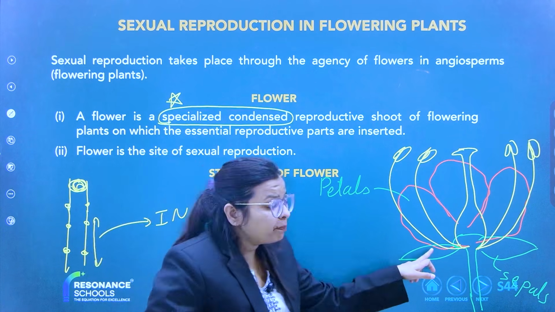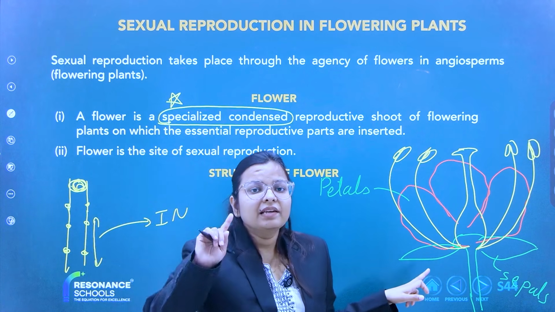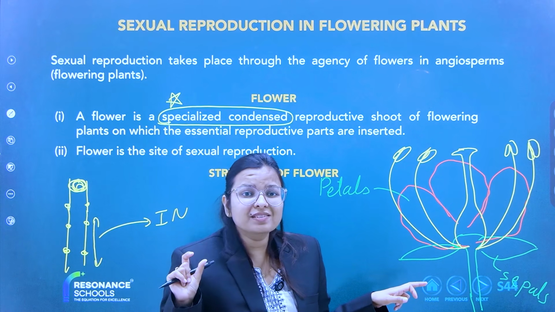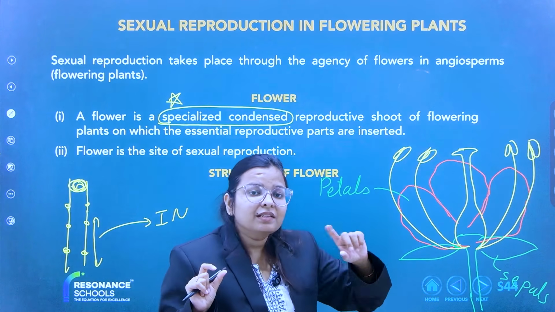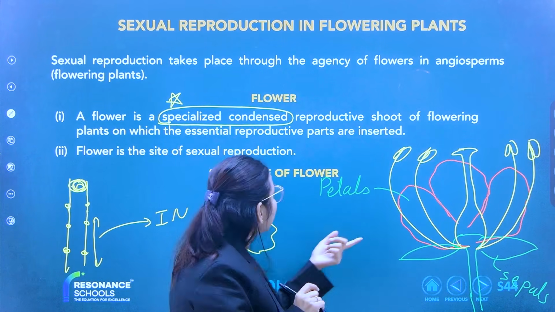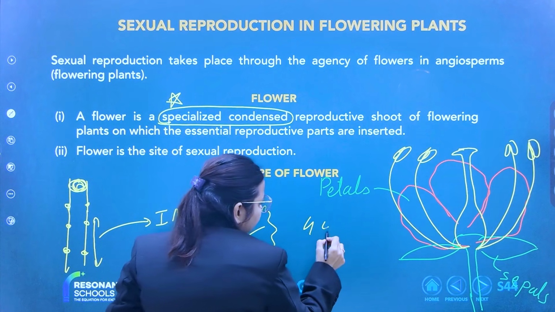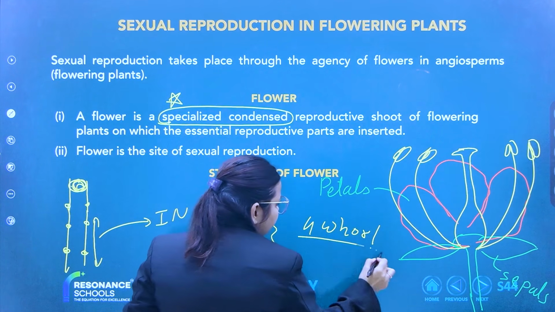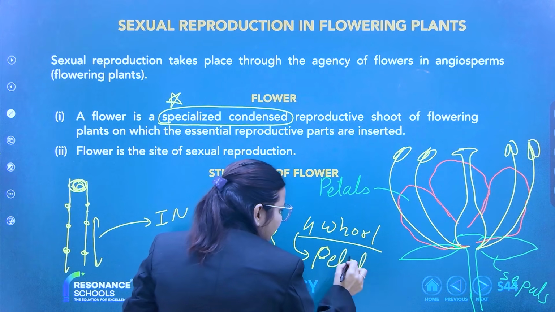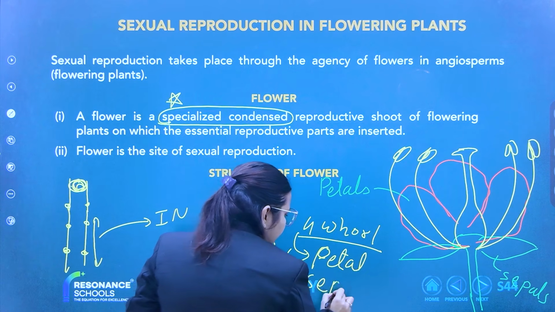Like I said, leaves grow on the node portion of the stem. In the same way, every part of the flower, every whorl, these are called the four whorls. What are the four whorls? I am writing the common names first, and after that I will write the other names also.